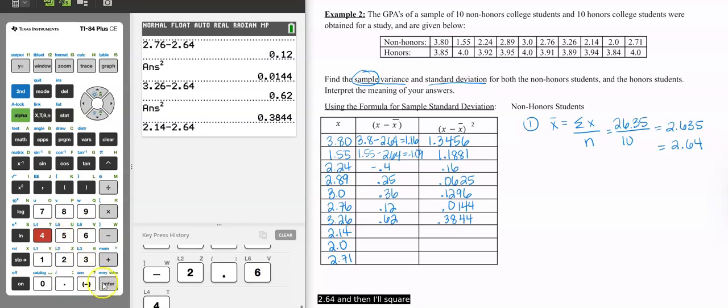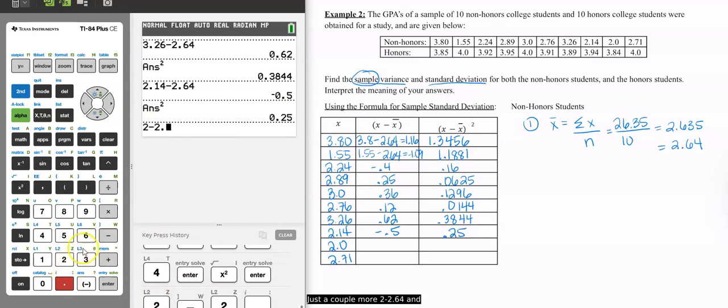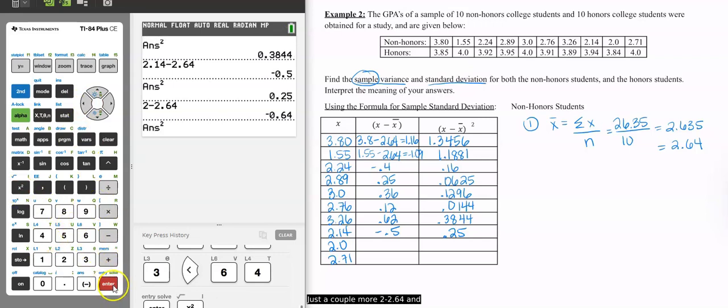2.64, and then I'll square that. So negative 0.5 and then 0.25. Need just a couple more. 2 minus 2.64, and then square that.